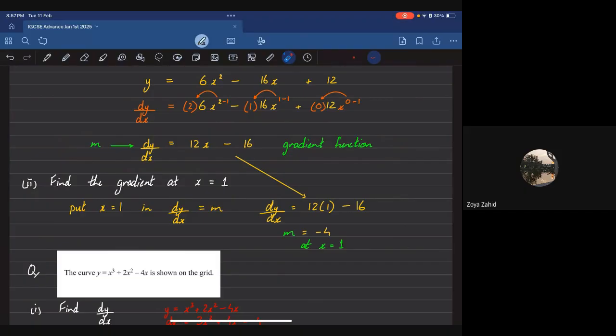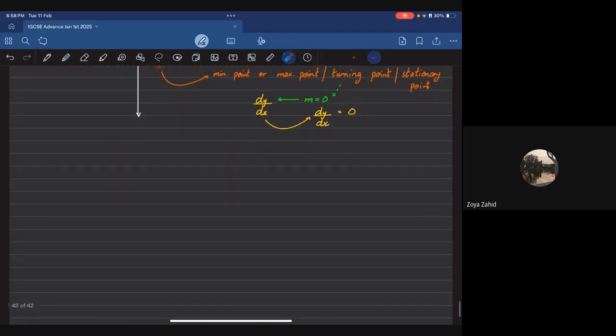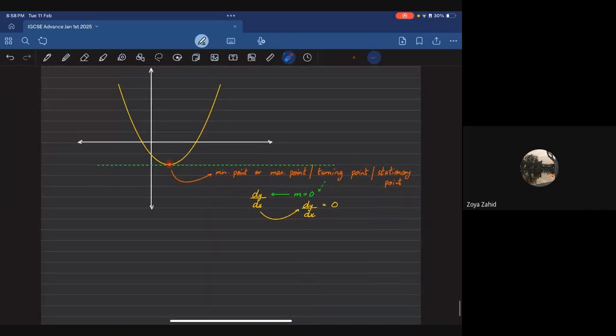Because when I put it equal to 0, we're actually calculating the gradient of the turning point. So if I put the gradient equal to 0, that is going to lead me to the x coordinate of the turning point, and further, to the y coordinate of the turning point as well. But I'm going to leave you guys in suspense till tomorrow. We're going to do this in detail tomorrow.